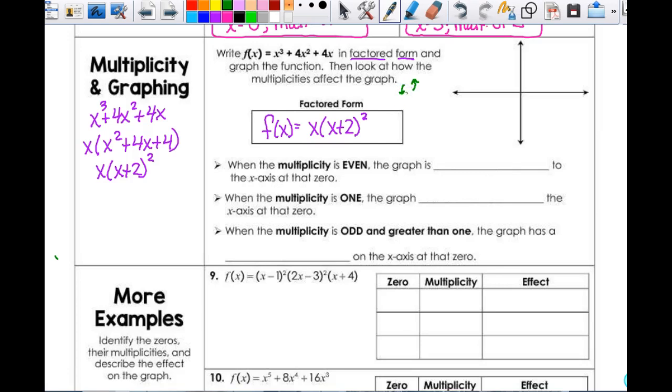Okay, my zeros, we can write them out as intercepts, but we've been writing them as zeros. So my zeros here are 0 and negative 2. But remember, we've already talked about what happens when you have a factor that has an exponent that's greater than 1. So if it was even, we either had a bounce or a wiggle, right? And so at this one, this is a bounce.